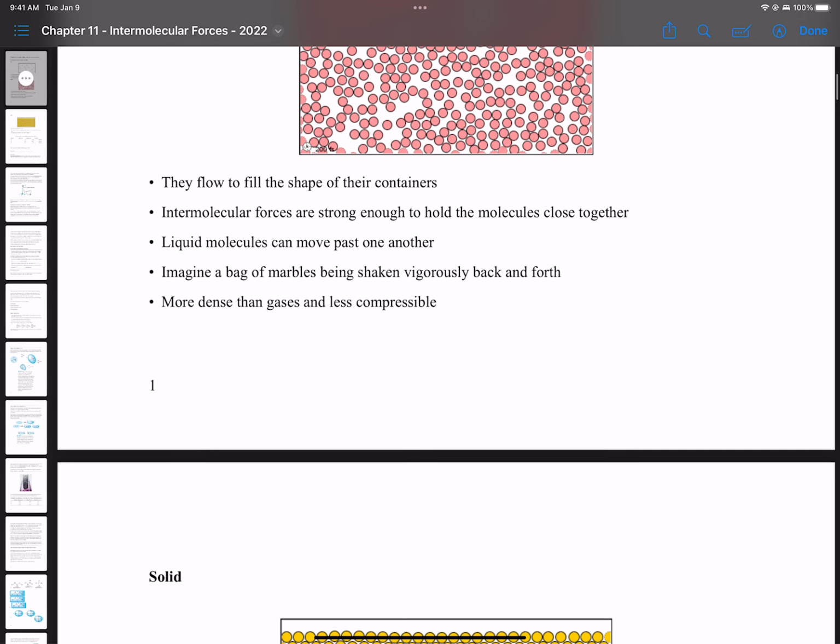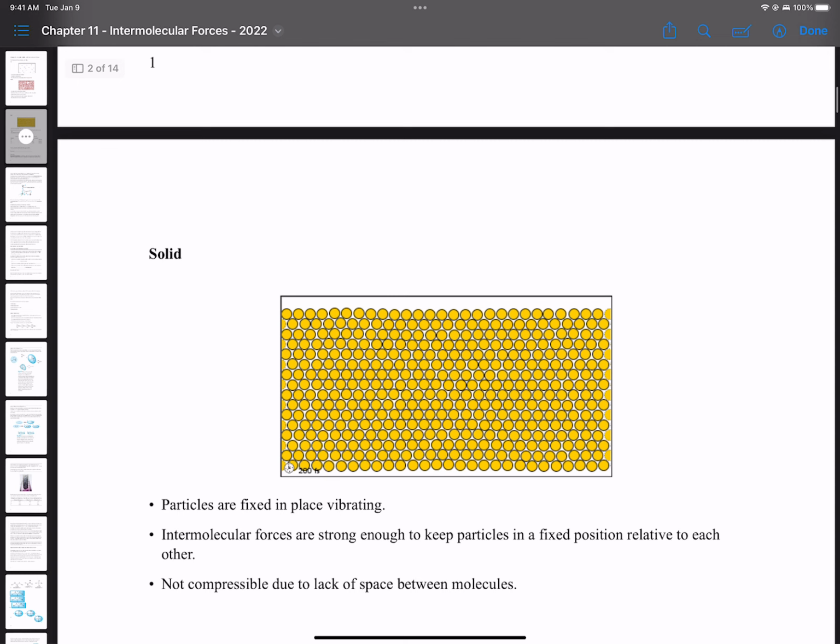Okay, now let's talk about solids. Solids, you see here, there's really no visible space between the particles, and they're fixed in place. We say they kind of vibrate in motion here. So they're still in motion, right? They still have kinetic energy, but they're vibrating.